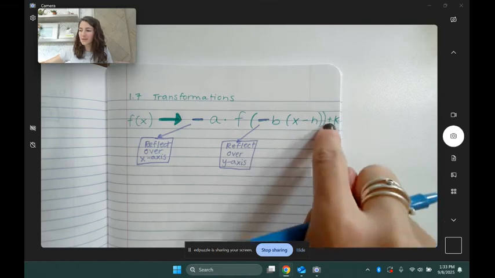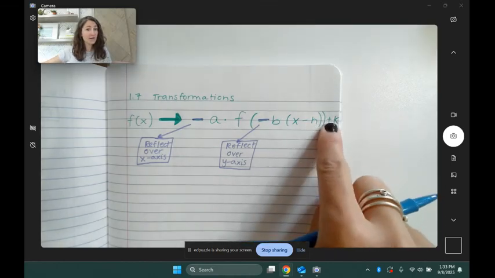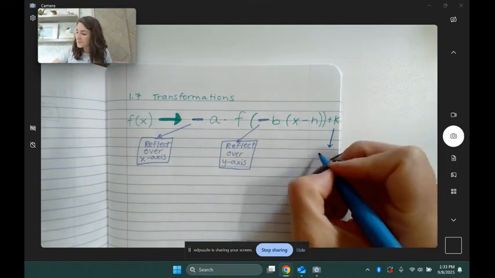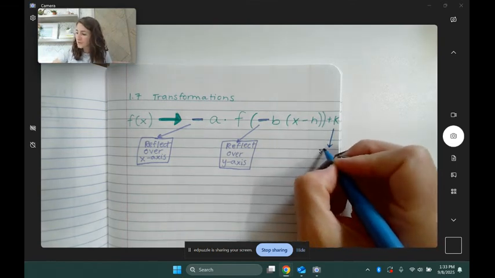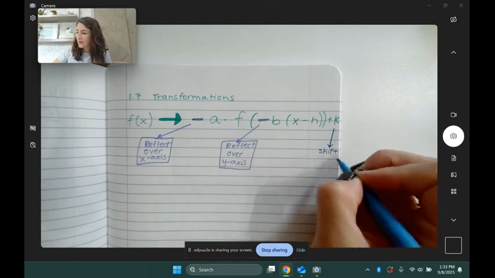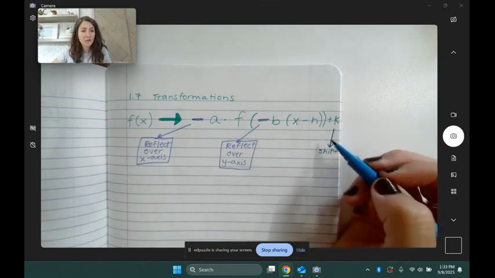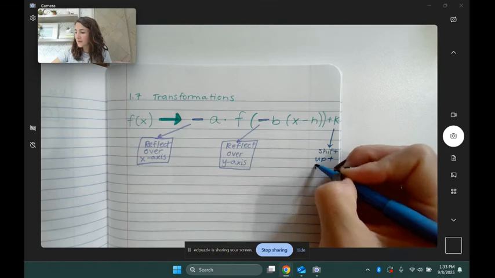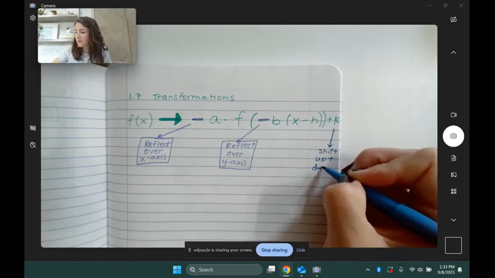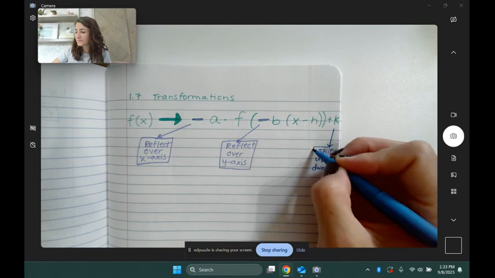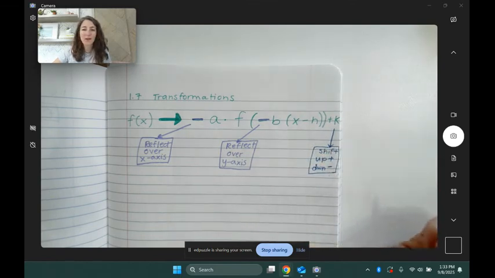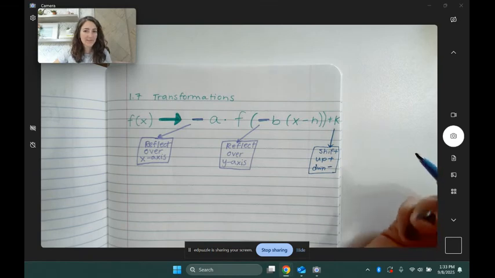If it's being added or subtracted to the function as a whole, this is going to be a vertical shift. It's going to move me up if it's positive, down if it's negative, just like it says.